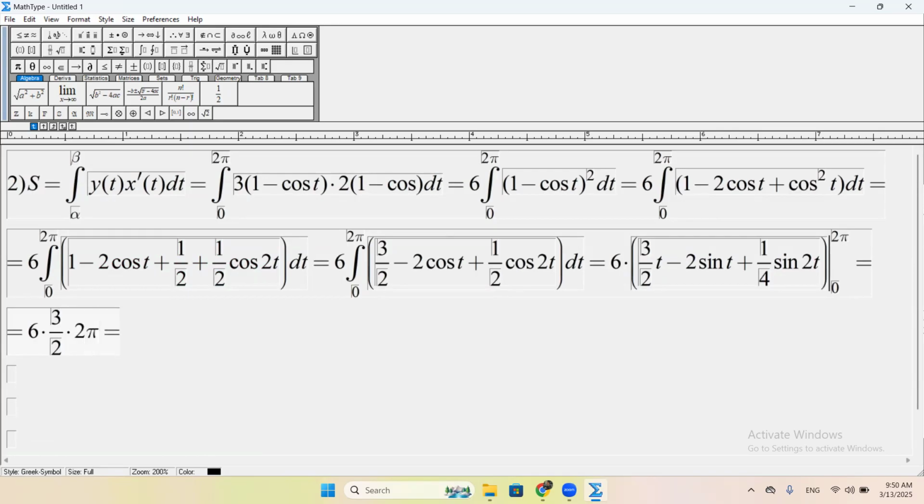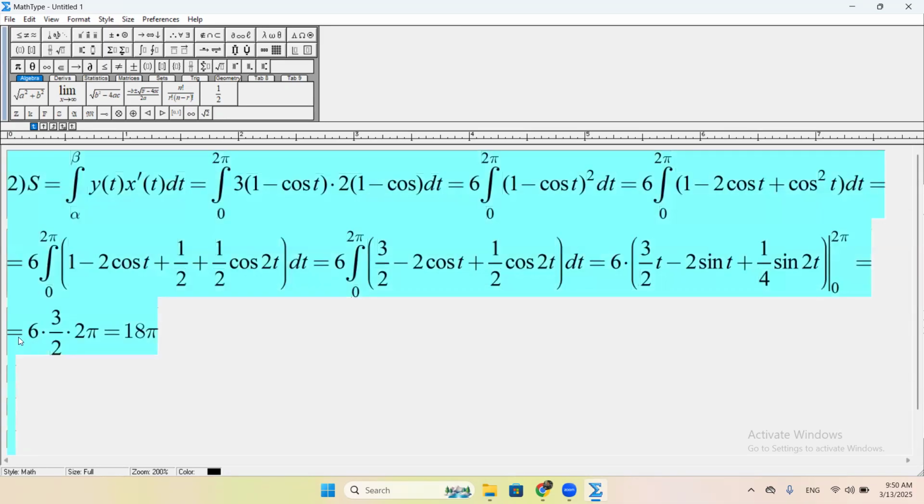And the result is 18p. Any questions about this exercise? Okay, let's move next.